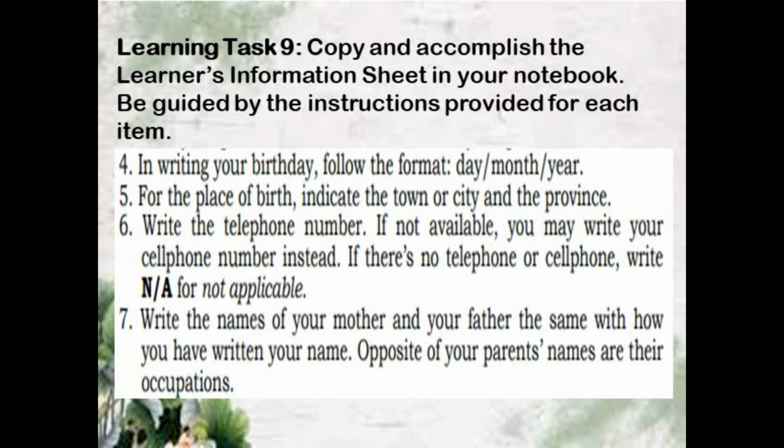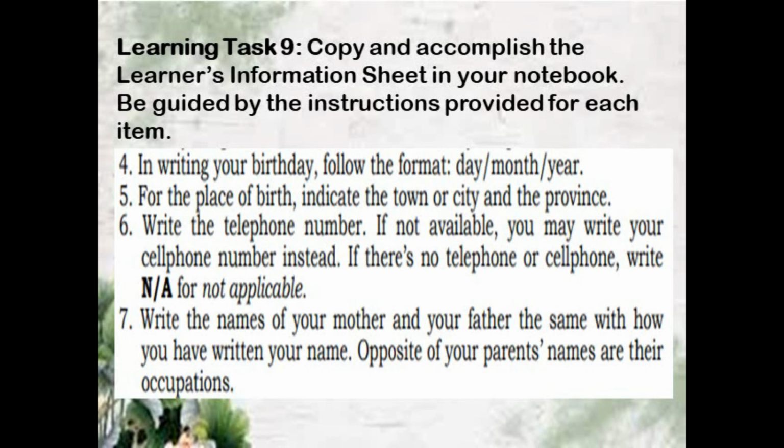For the place of birth, indicate the town or city and the province. 6. Write the telephone number. If not available, you may write your cell phone number instead. If there's no telephone or cell phone, write NA for not applicable.